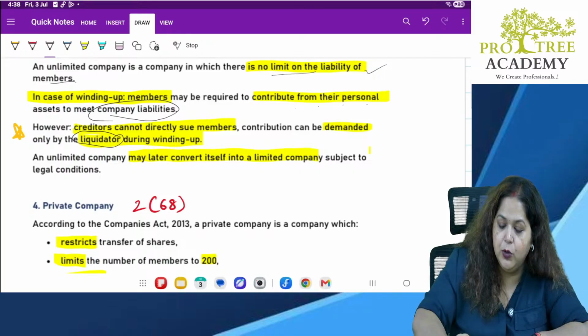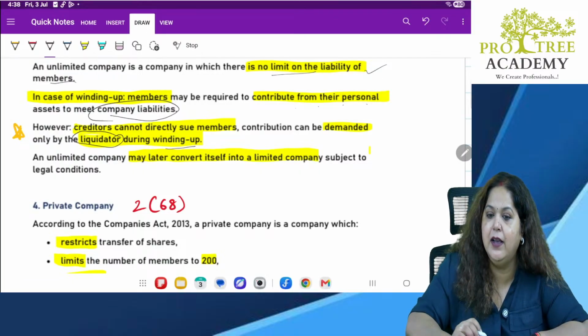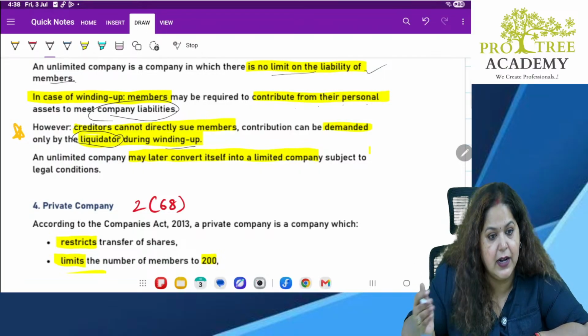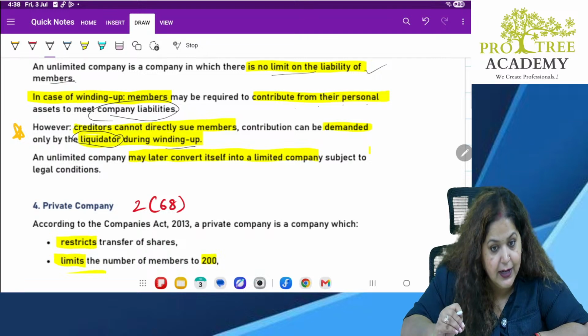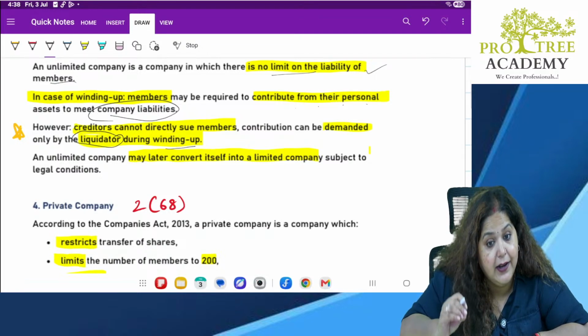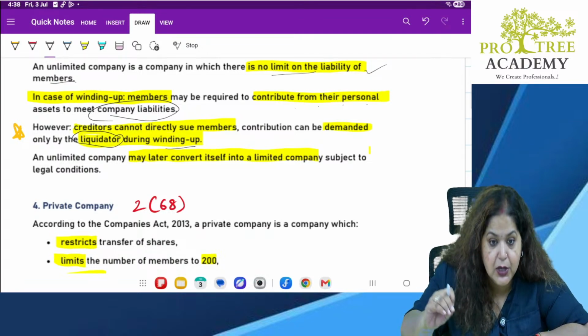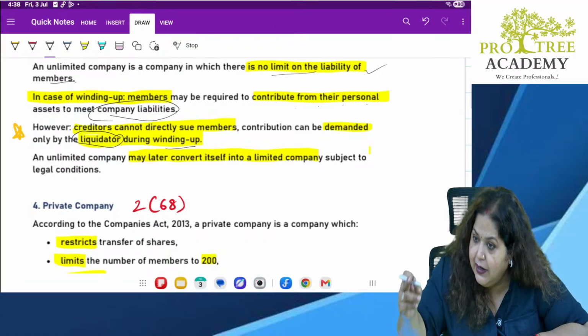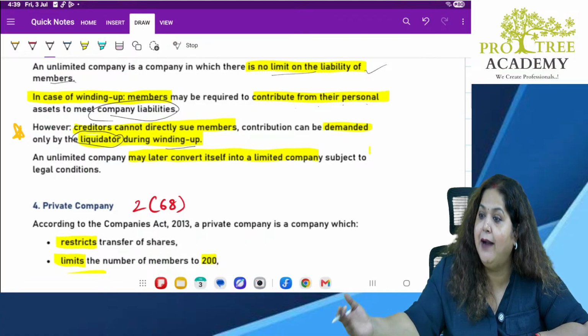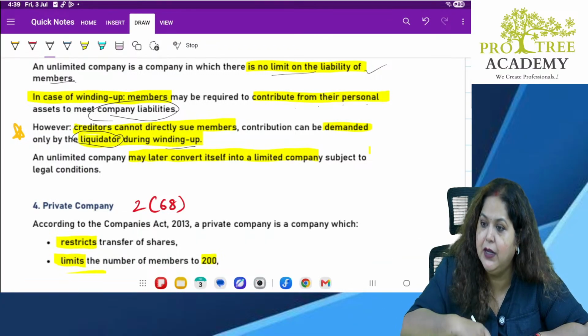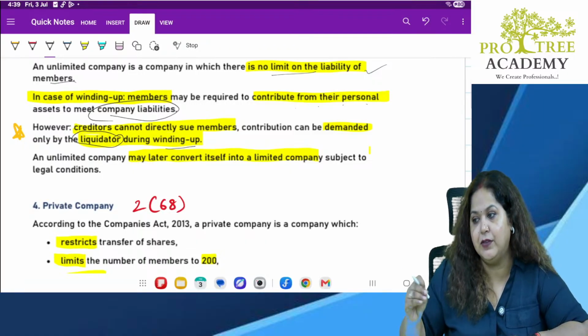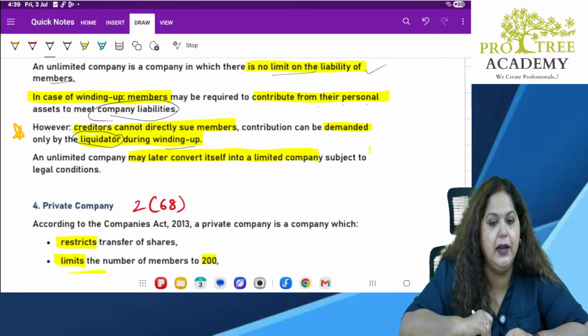So during winding up, who will demand? Not creditors. The liquidator, who does the liquidation process, can demand from the members that you have to contribute this much money because we have to pay the liability of the company. Is this clear? Any doubt in this?